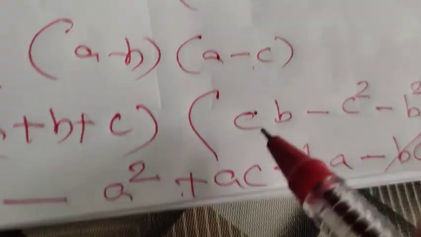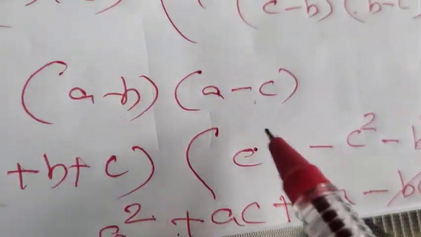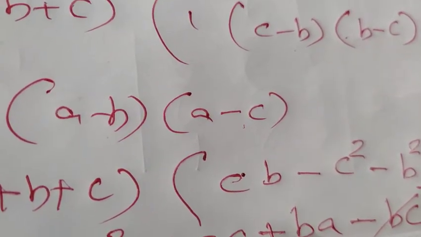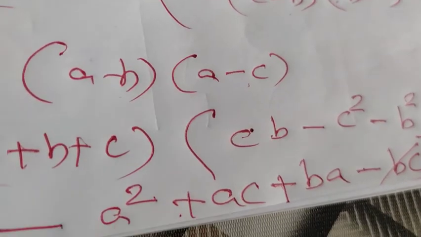We take the minus sign outside. We can write this as a squared plus b squared plus c squared minus ac minus ba minus bc.